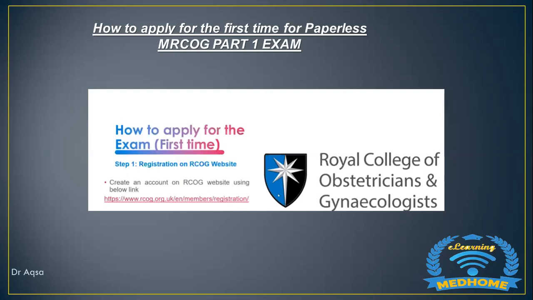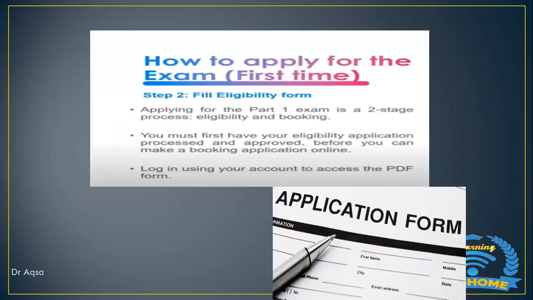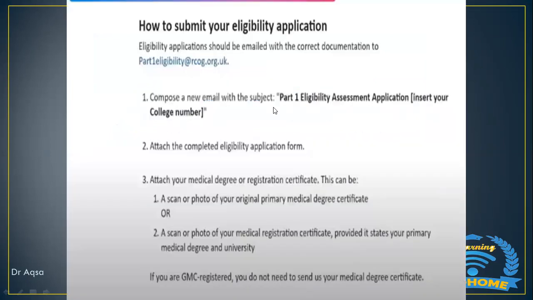With that college number, you will be given an eligibility form to fill. In that eligibility form, you have to insert that code or college number, and give the proof of your medical degree or the registration certificate that you have. You can submit either the photocopy or the scan copy.